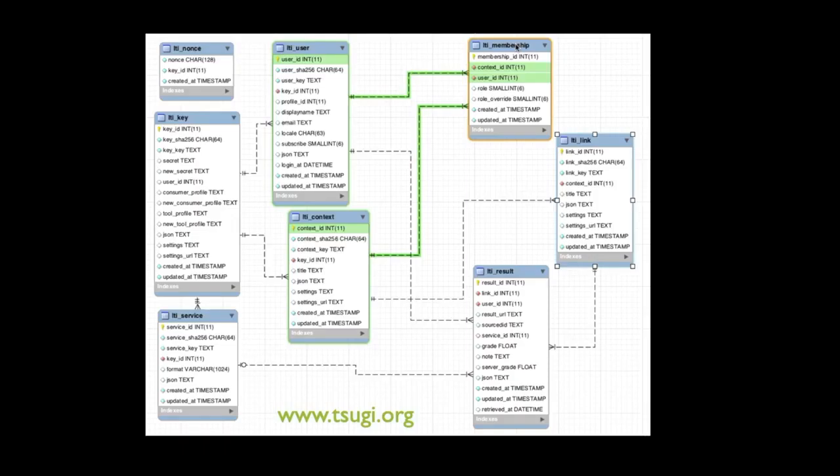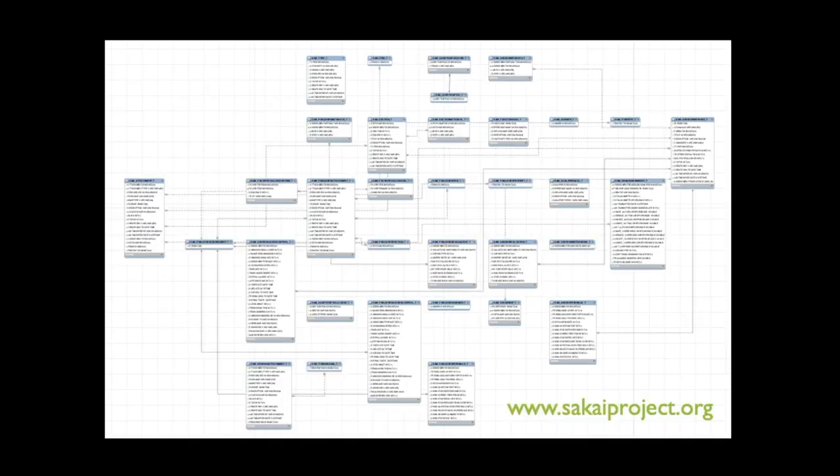Now when you work at different organizations, you're going to find that the data model is very important. So this is the data model of my auto grader, which is based on a framework I built called Tsugi. This data model took a lot of time to get right, and it's a really important part of the application. And another project I work on is called Sakai.